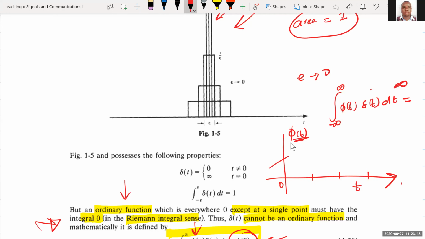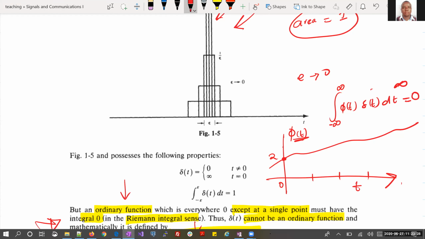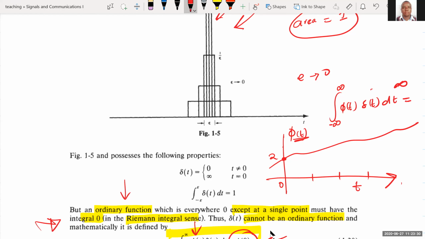If this function looks like that and this value is 2, that integral will give us a value of 2. So this simple integration identifies the value of a regular function phi of t at time equal to 0.